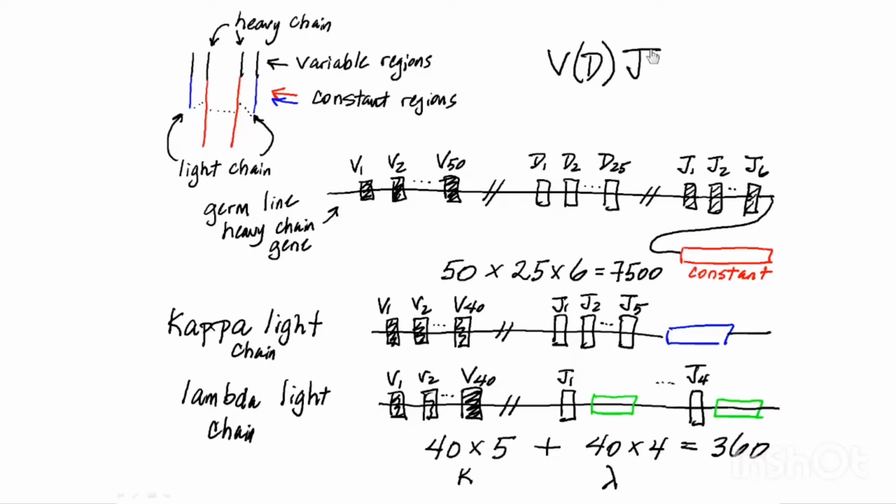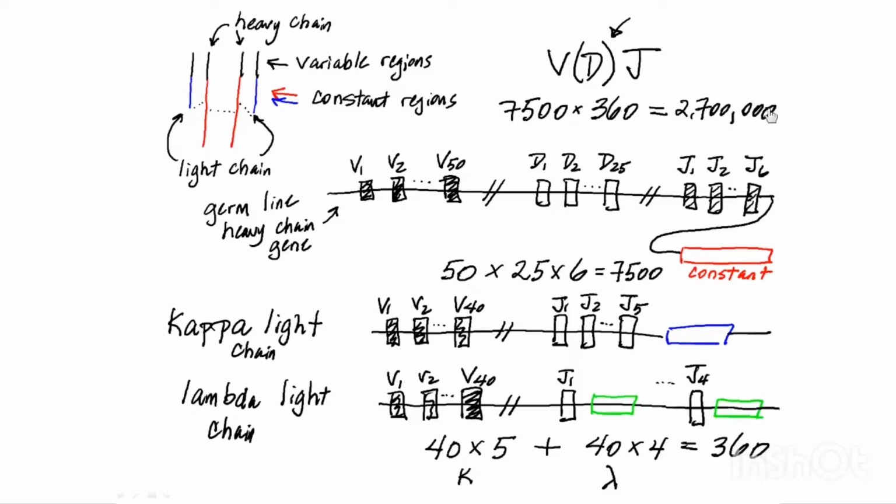That's why the D is in parentheses, because the heavy chain does the D, and light chains only do V and J. So the total number of combinations of heavy chain and light chain is 7,500 times 360, and that equals 2,700,000. A truly staggering number.